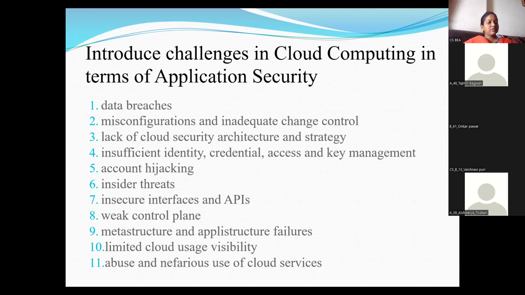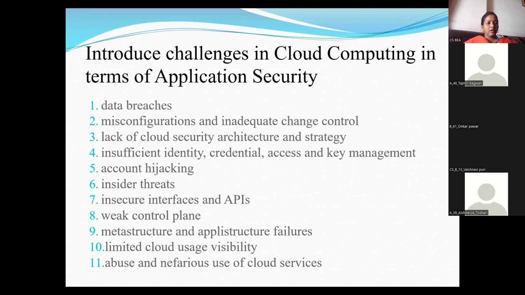Then insecure interfaces and the APIs. So CSP UIs and APIs through which the customers interact with cloud services are some of the most exposed components of a cloud environment. So the security of any cloud service starts with how well these are safeguarded and is the responsibility of both the customers and CSPs.